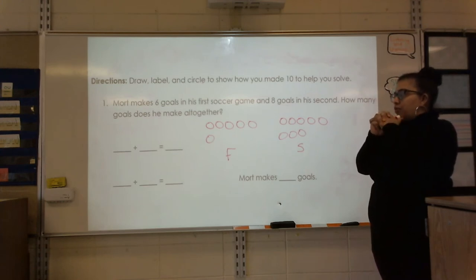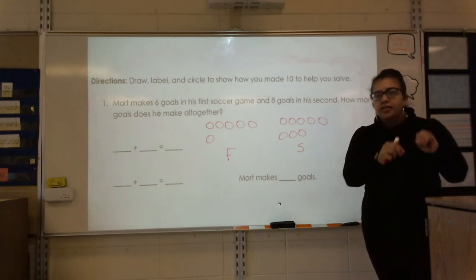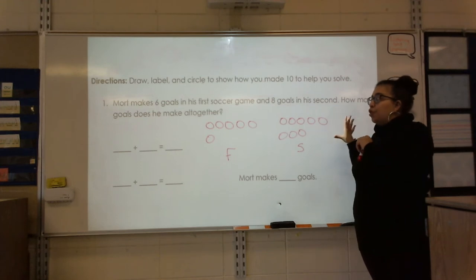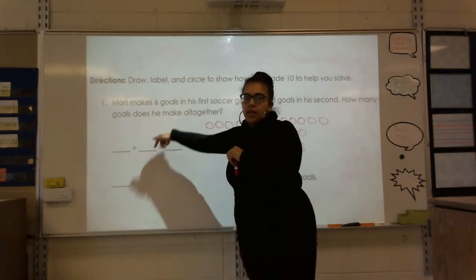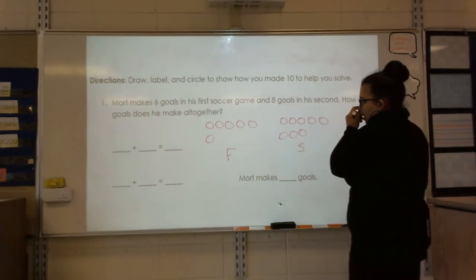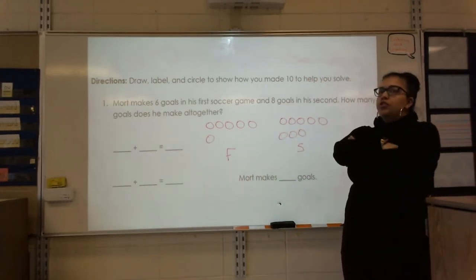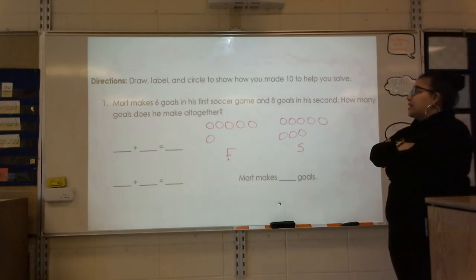We're not going to make him score less, but we're going to move the pieces around to make it easier for us to add. We're going to work exclusively with the picture first, and then we'll write the numbers to match what we did in the picture. So, which game did he score closer to 10 goals? The second game, good.